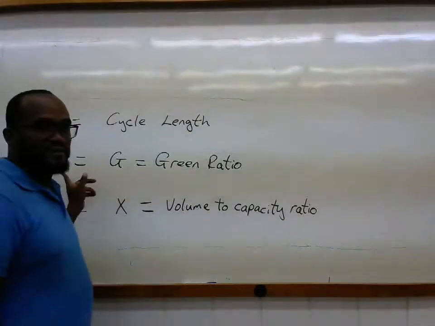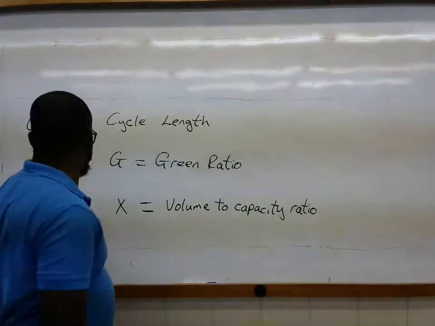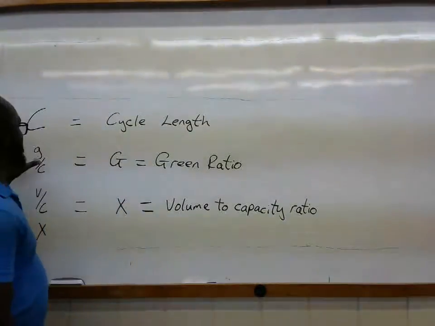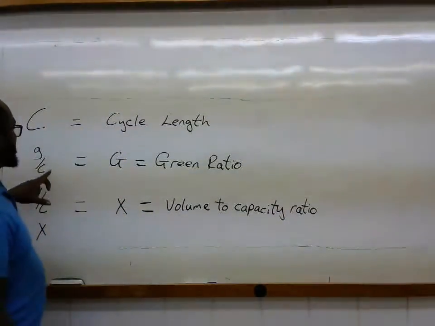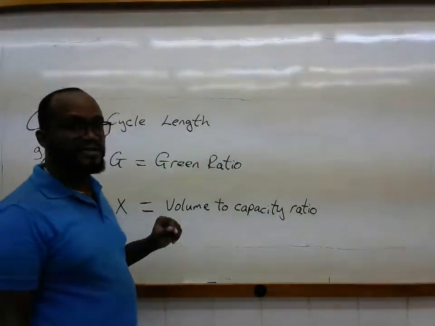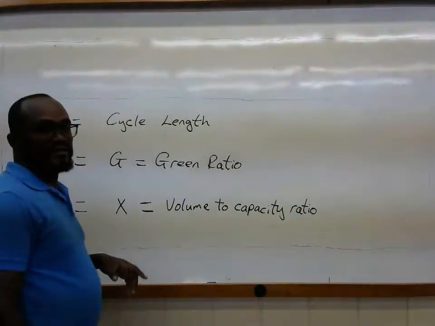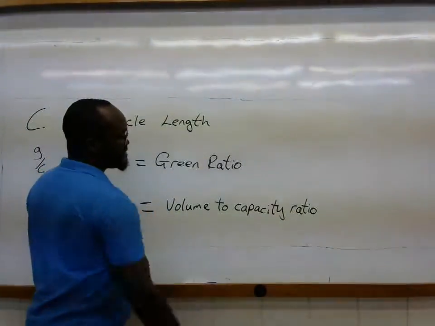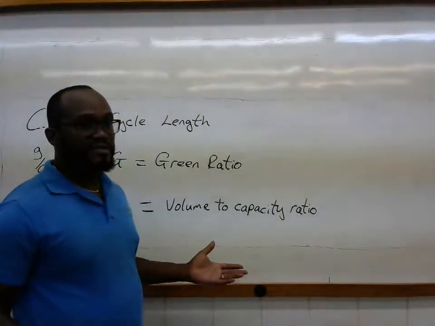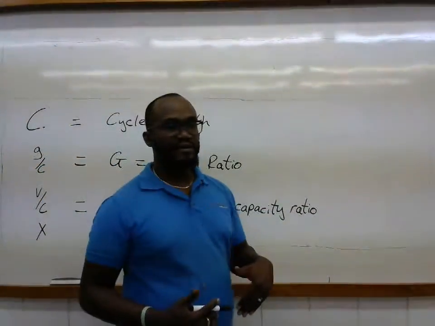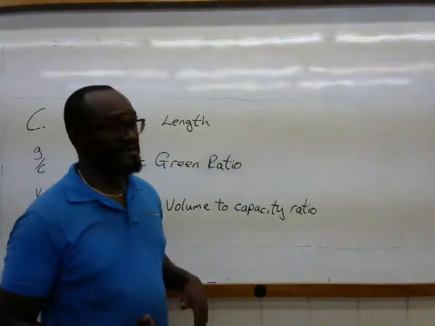The numerator we actually collect, the denominator we actually compute. And just to be clear, the difference between cycle length and the capacity is that cycle length is big C, capacity small c. So, volume to capacity ratio, as the term suggests, is the ratio of the volume that comes through the intersection compared to the theoretical capacity.